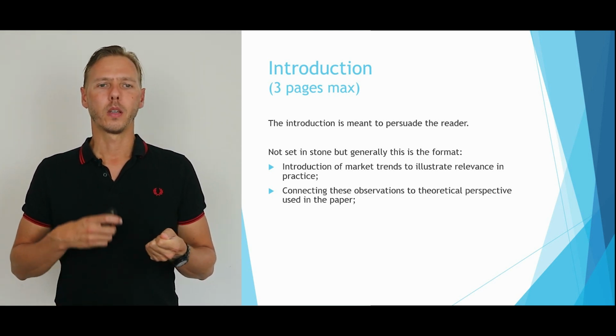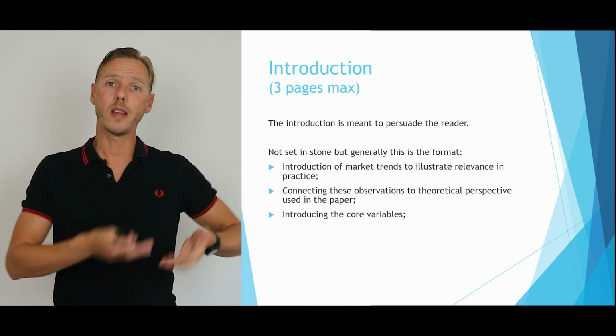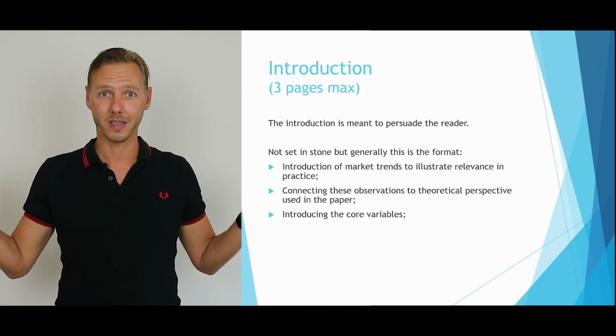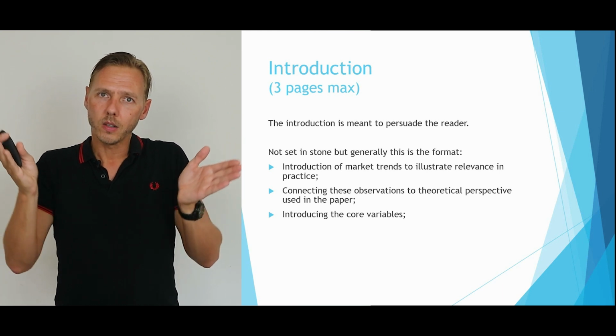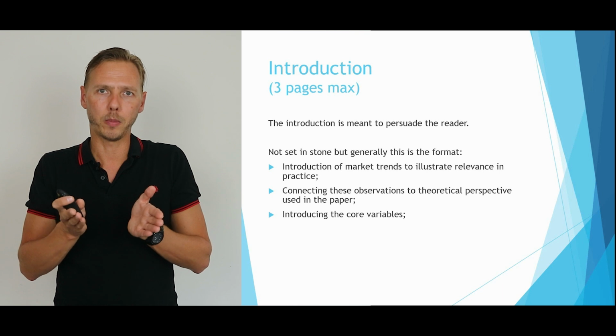After that, you start connecting the theoretical things that you read to that typical practical thing that you saw or that you see on the street or that you see happening on the news or whatever. And you start narrowing it down and you introduce the core variables.